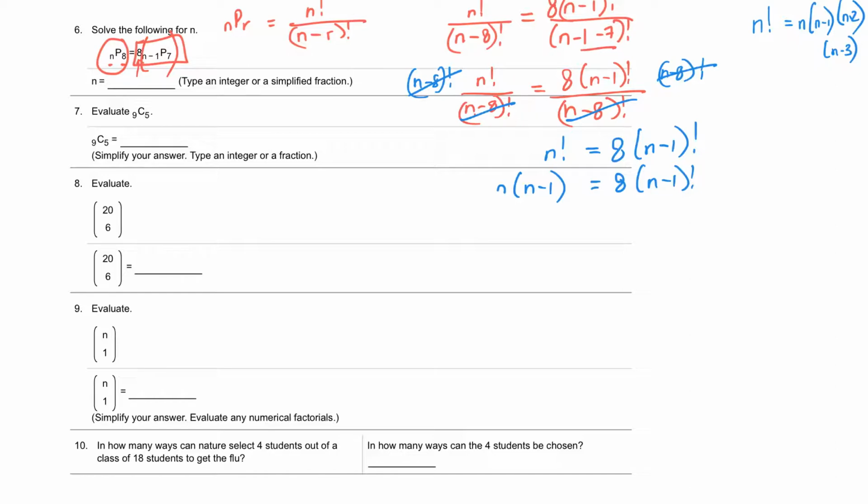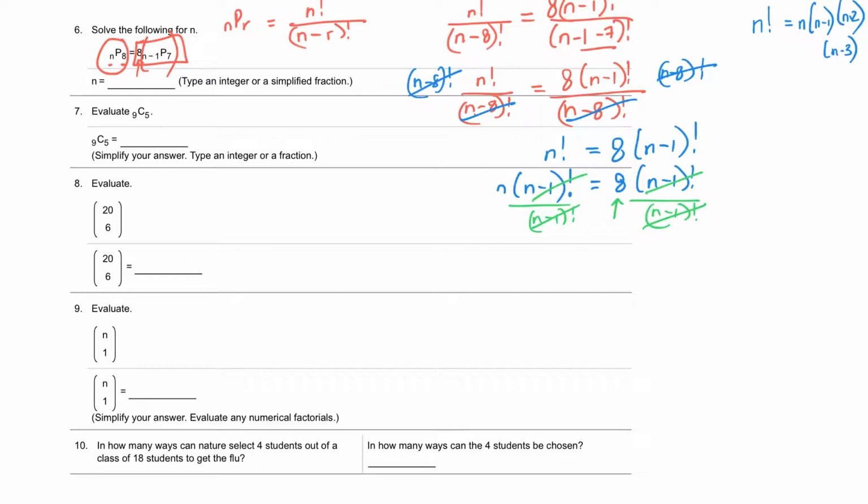So rather than going n minus 2, etc., I'm just going to say factorial. That means go on forever. And then on both sides, I've got n minus 1 factorial, so I can divide both sides by it. They cancel out. n comes out to be equal to 8.